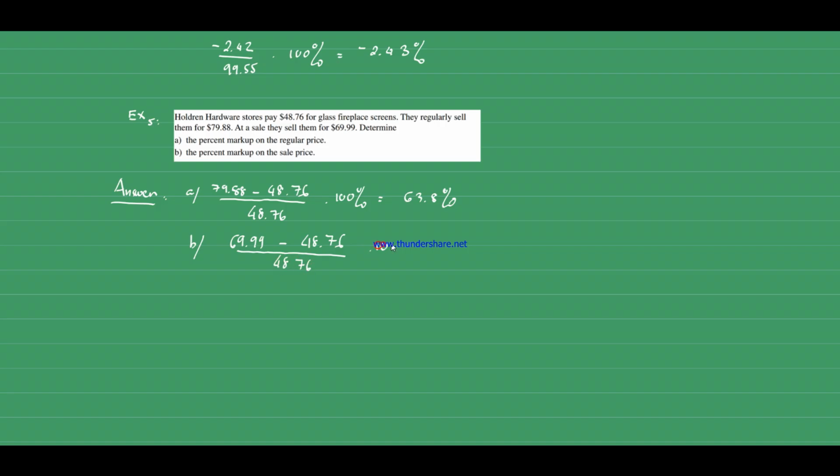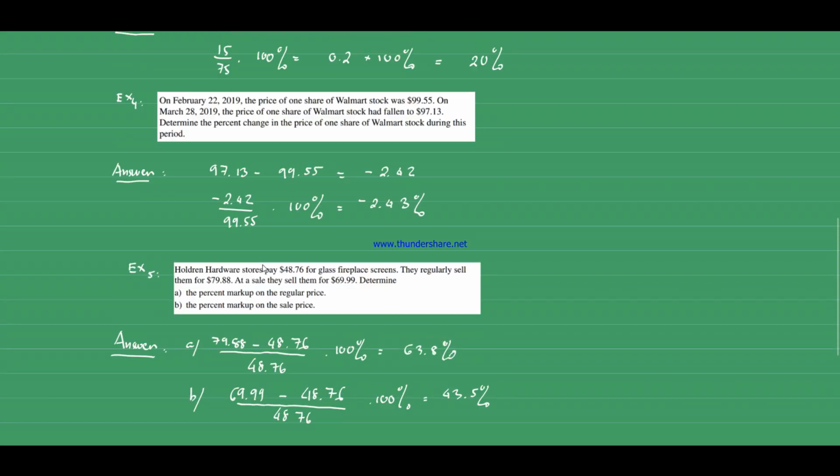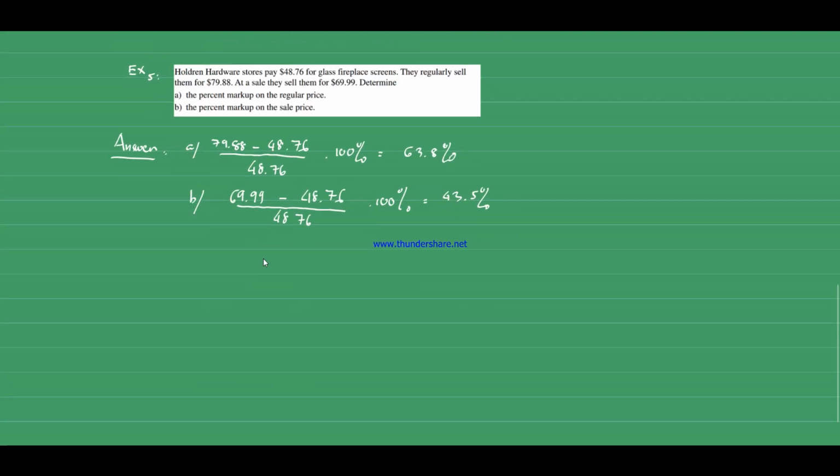Then you multiply by 100. Then it gives you 43.5%. Okay, so that's how you calculate the percentage increase for the sale price. We don't have a decrease in this case, but you see that the concept is kind of the same.